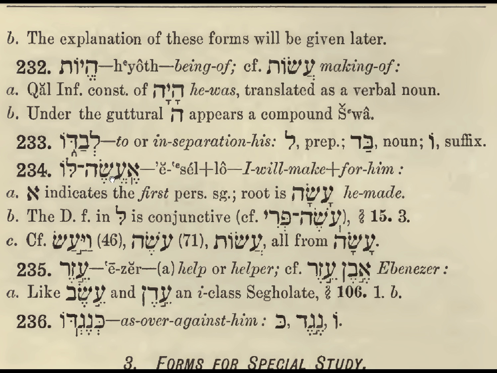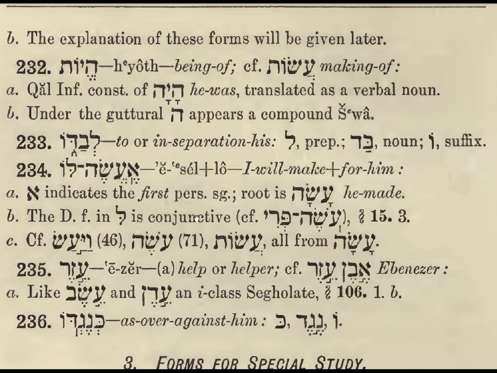Engeselo. Now, notice here, this lamed is doubled. But it's a liquid sound, so it's not a clean break. I will make for him. Aleph indicates the first person singular, root is ngasa, he made.